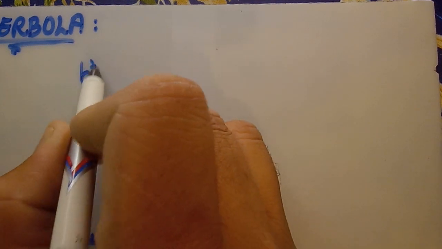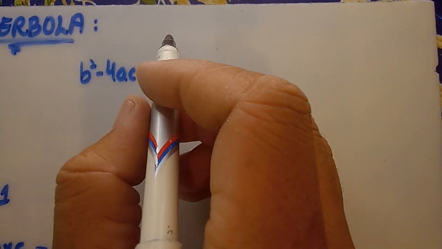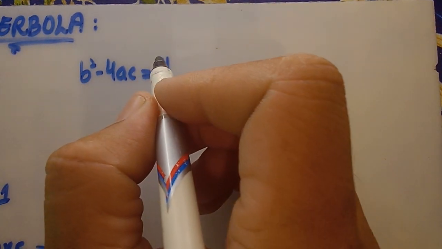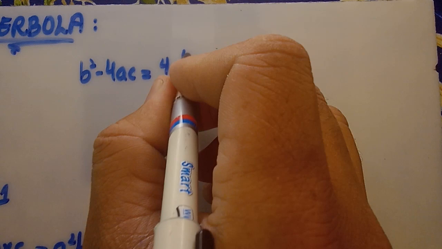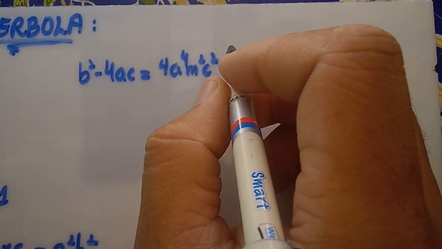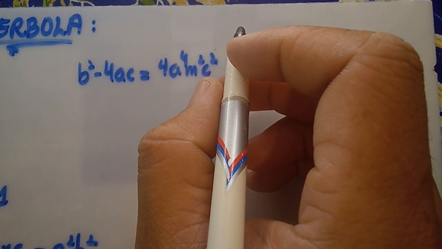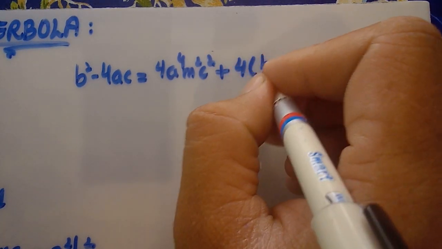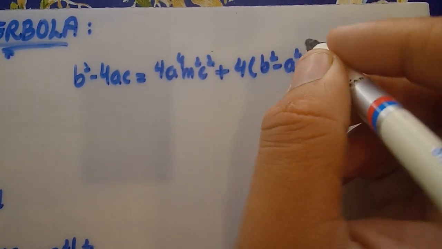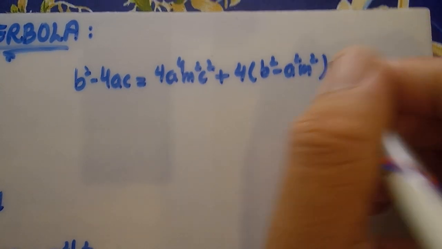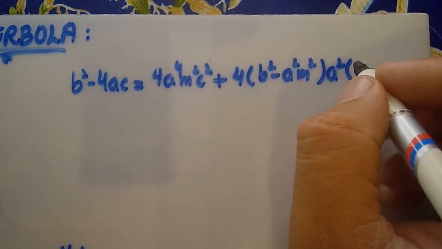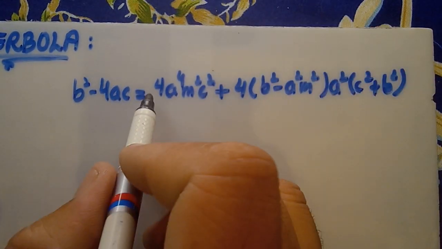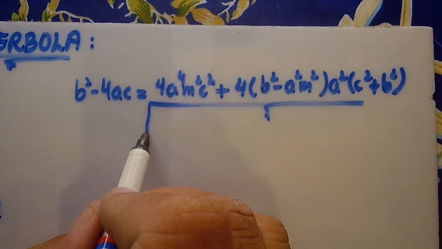For this purpose, we will find out the discriminant of this quadratic equation, which is b square minus 4ac, which is equal to 4 a square m square c square minus 4 times b square minus a square m square into a square into c square plus b square. This will be the discriminant of the quadratic equation.